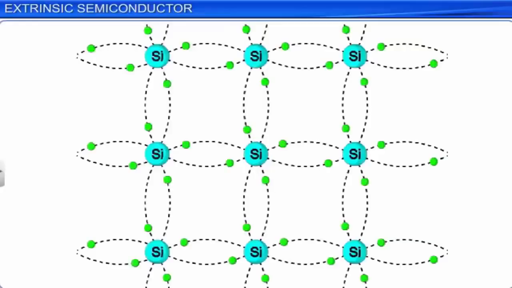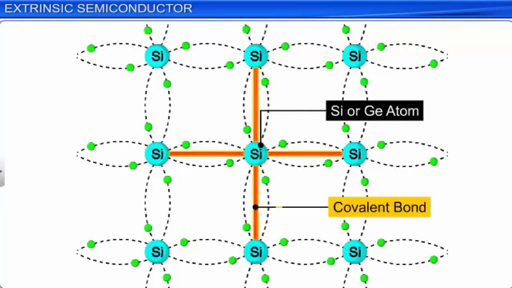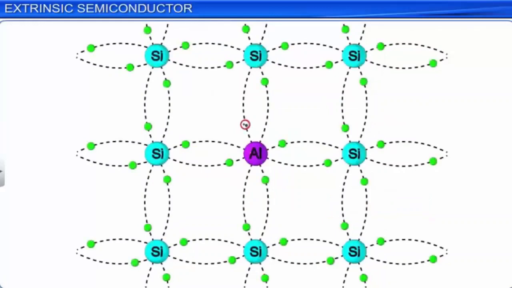We know that in crystalline form, each silicon and germanium atom forms 4 covalent bonds with 4 surrounding atoms. When a trivalent dopant, say an aluminium atom, is added to a silicon semiconductor crystal, the aluminium atom occupies the same position of a silicon atom in the crystal.